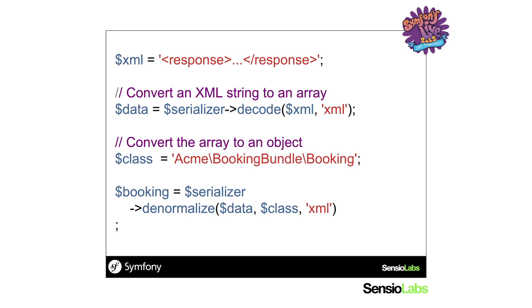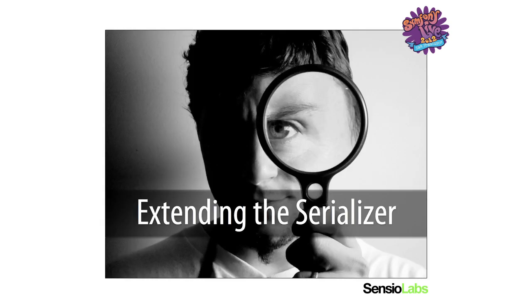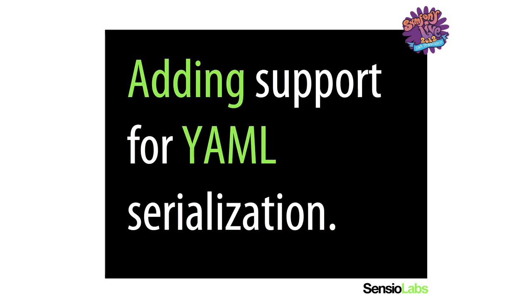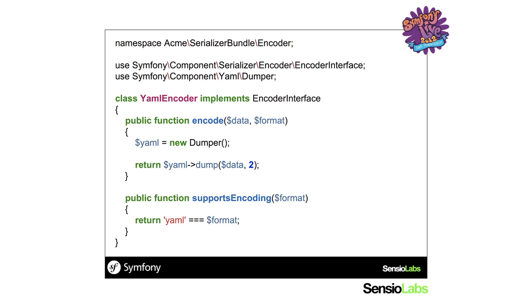So if you want to add extra features to the serializer component, as we saw, we have interfaces, so you can extend the internal implementation of the serializer by creating new objects that implement the interfaces. By default, this component does not provide classes for serializing into YAML formats. So, for example, I want to serialize my PHP object to YAML, so I can create a YAML encoder to convert a PHP array to a YAML output.